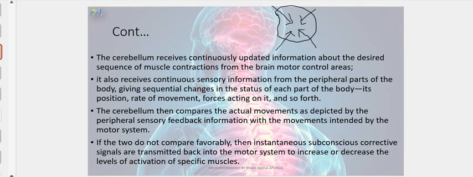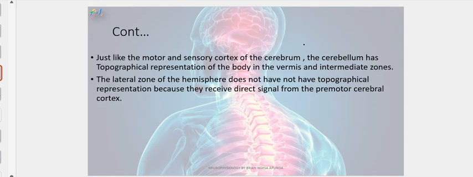So if the information does not tally, some corrective signals will be sent, of course, using the red nucleus onto the thalamus, and eventually into the motor area of the brain for the correction, so that upon correction, the same sequence will be repeated, and hopefully we'll be having a go-ahead, so that we are able to experience a well-coordinated motor movement.